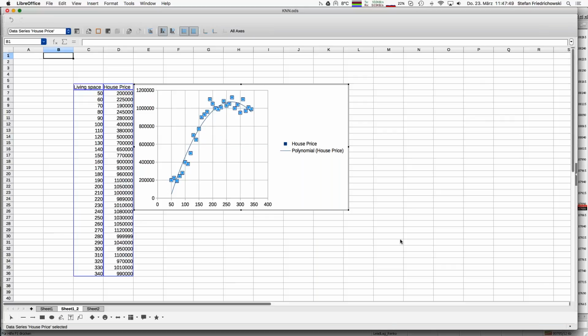But honestly, that is really questionable, because you know what that kind of polynomial would do. So if you would go further down the road with increasing living space, we would maybe get more and more wrong data.